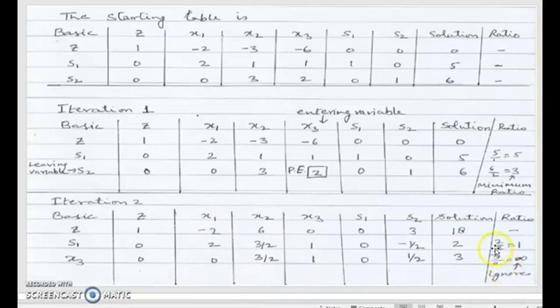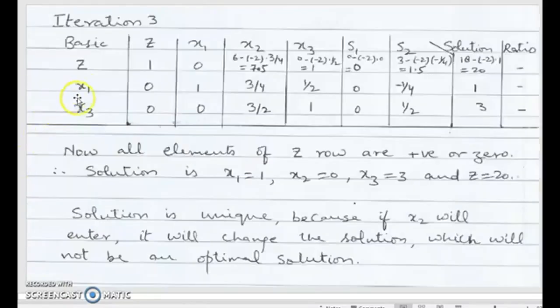So now by writing the ratio, that is we divide the solution elements by the pivot column elements, we get 1 and infinity. We ignore this infinity, and to see the leaving variable, corresponding to 1 we get s1, and s1 is the leaving variable. So now we take the next table, and here we see x1 has entered and s1 has left.